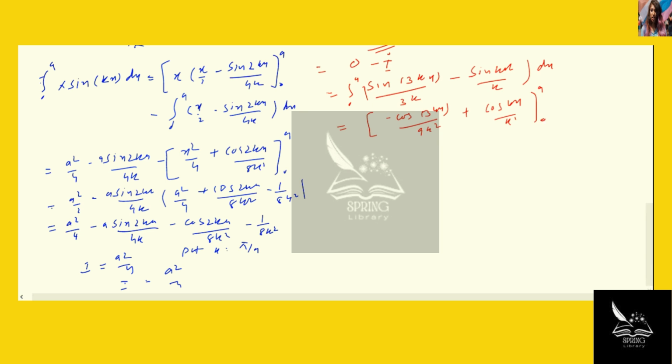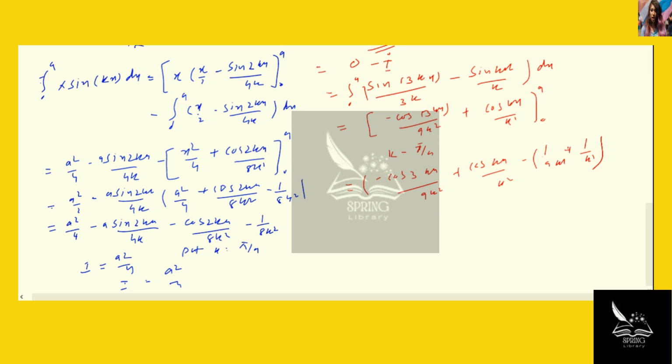So for k equal to pi by a, this is equal to minus cos 3ka divided by 9k square plus cos ka out of k square, minus 1 out of 9k square plus 1 out of k square.